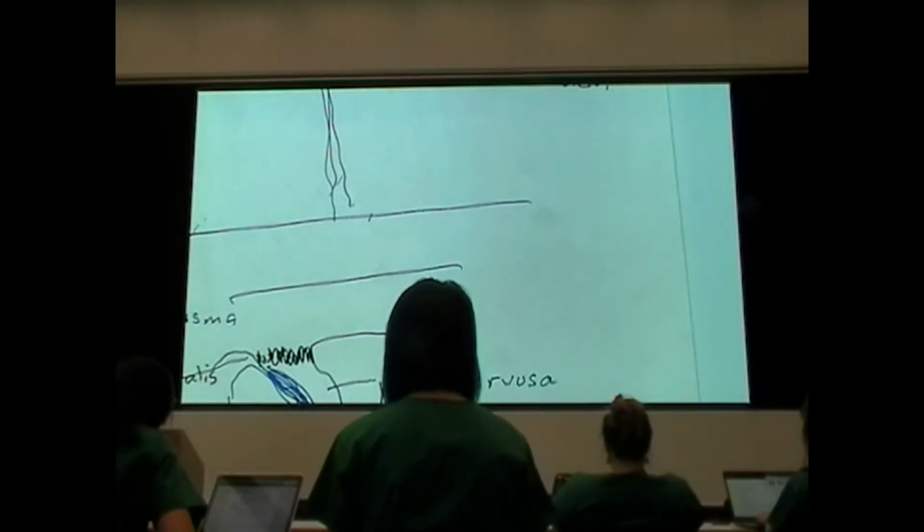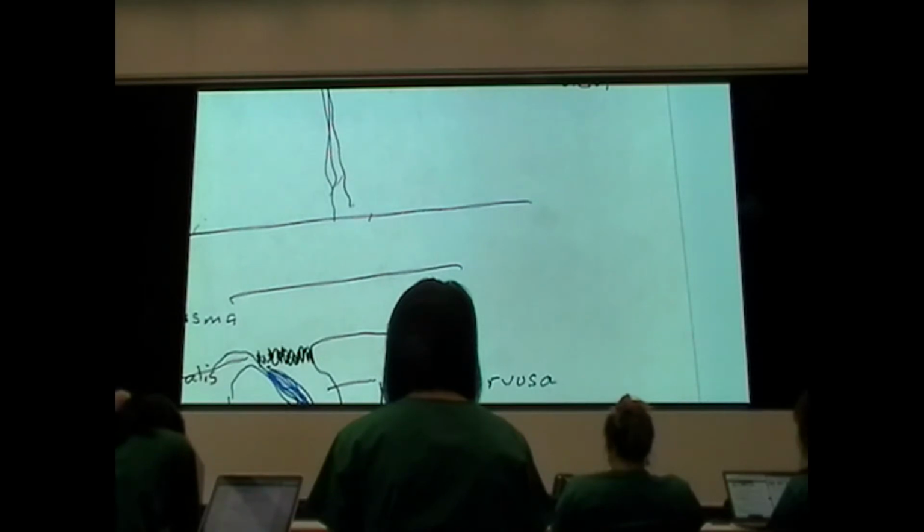In the kidney, remember that after the initial urine has gone through many yards of kidney tubules, it ends up in the collecting tubules, and it's still pretty dilute.